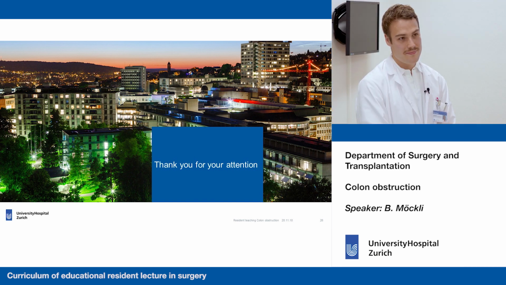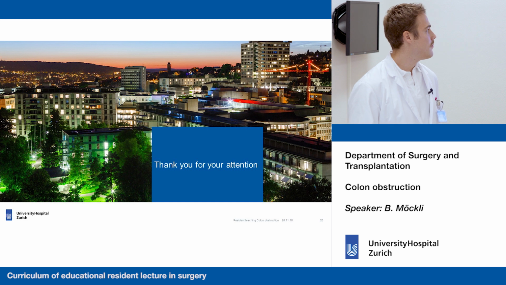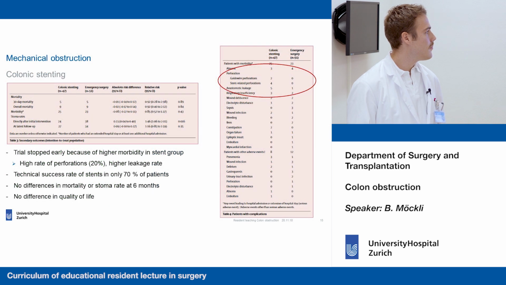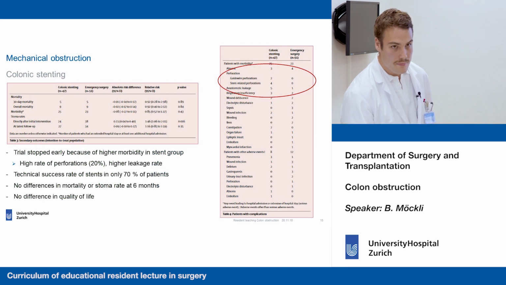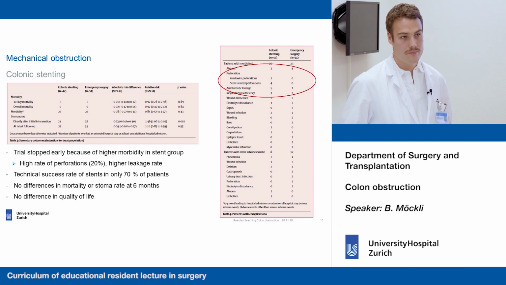And the first comment is about stenting. You nicely showed that this treatment is not very successful. Initially, there was a very enthusiastic response to this stenting. And we have more and more data now that show that this is not really the treatment of choice in patients with colonic malignant obstruction.